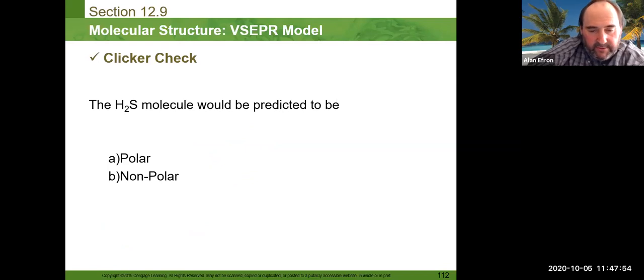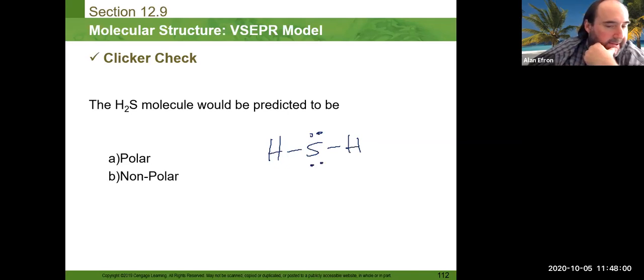H2S that we drew earlier looks something like this. So take a second, polar or non-polar on this one. Again here, I see dots. I see the same, going to be polar.